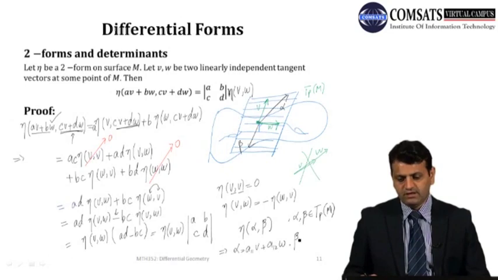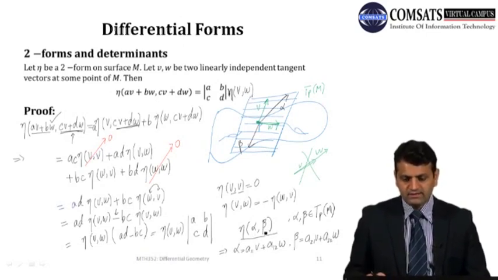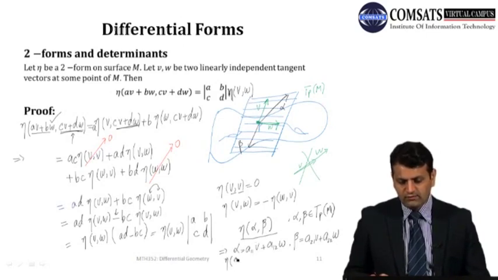Similarly, I can write down beta as a21V plus a22W. So what will be eta of alpha beta? So according to this result, eta of alpha beta is the same as eta of a11V plus a12W comma a21V plus a22W.